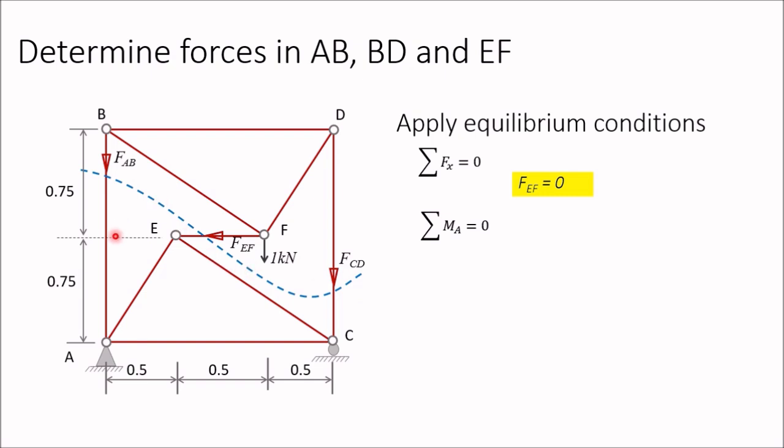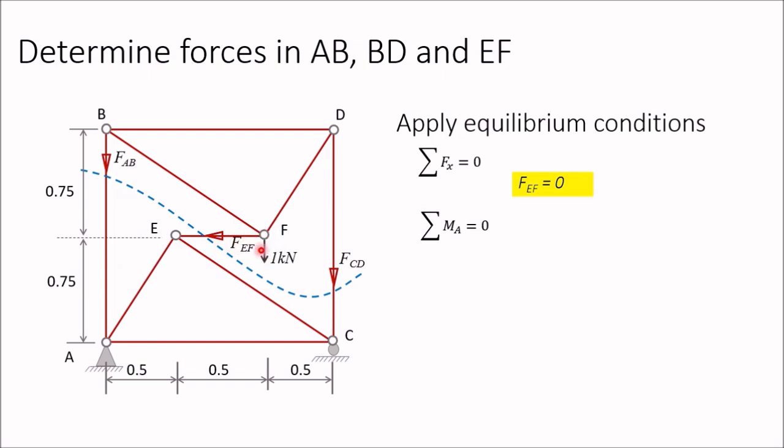Out of these 4 forces, moment of FAB will be 0 because it is passing through point A. So its distance, FAB into distance, that distance will be 0. Therefore its moment will be 0. Second force is FEF. Now you can see that its perpendicular distance is 0.75, but this force is already determined to be 0. So its moment will also be 0.